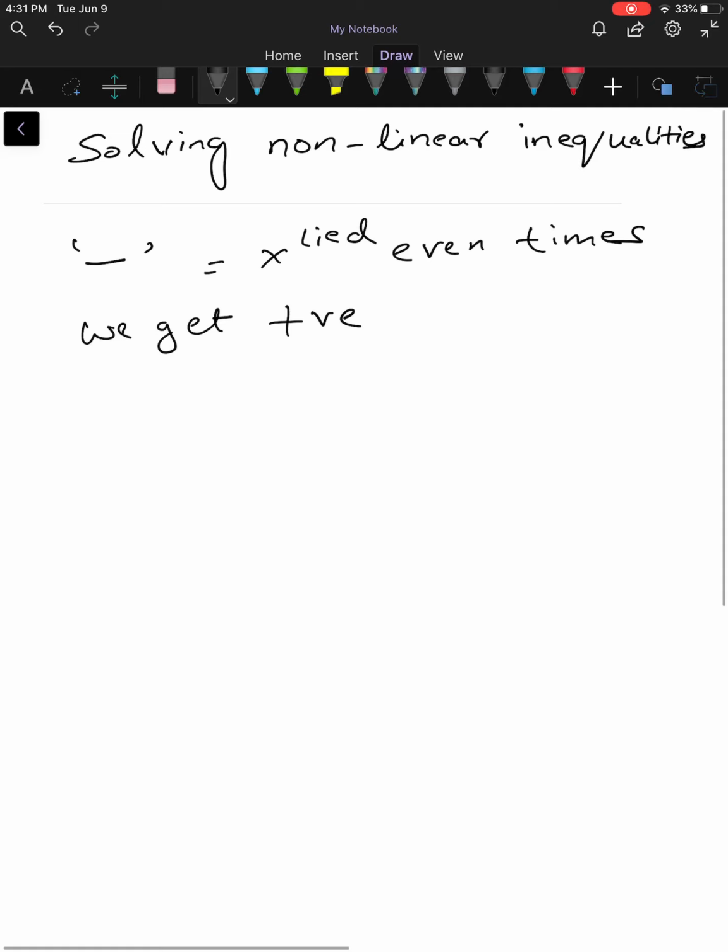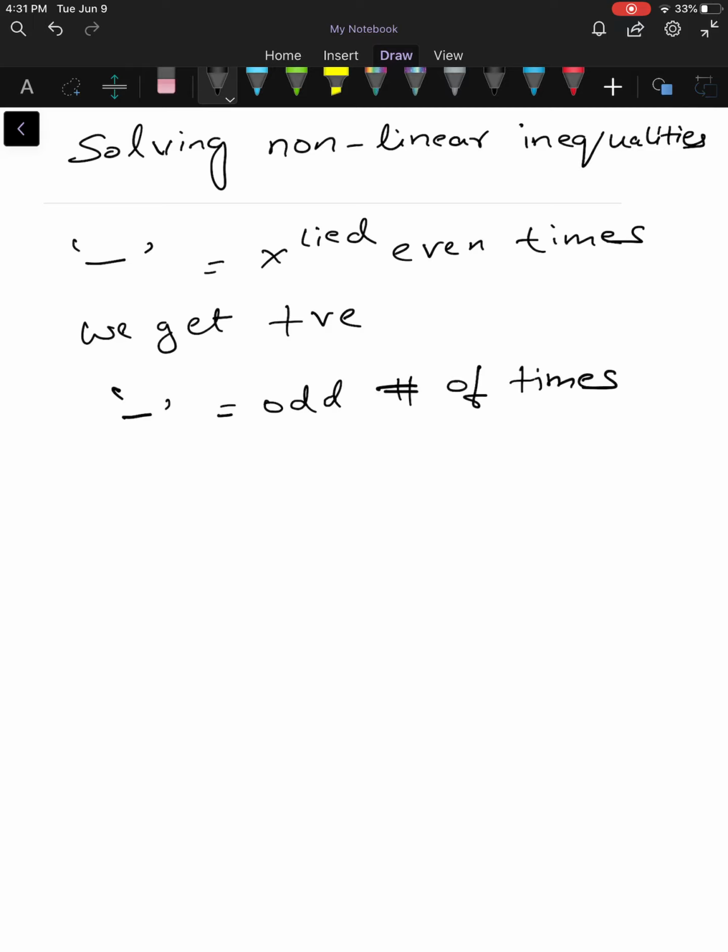Correct? And if the same negative sign is multiplied an odd number of times, we get a negative sign.